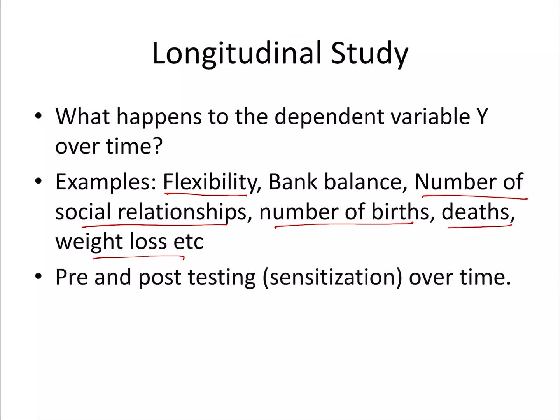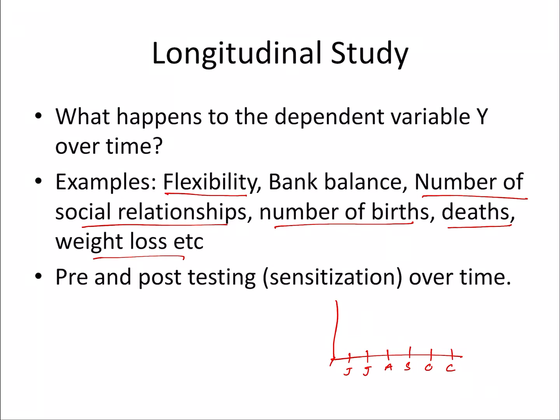Pre and post testing over time, while it can be done in an experimental context, it can also be done in a longitudinal study. So, for example, if we did attitude testing without any formal measures to educate, if we did attitude testing on ageism for older adults, and you have employees coming in and you had them tested at regular intervals over the period of a year, so this is January, June, July, August, September, October, November.